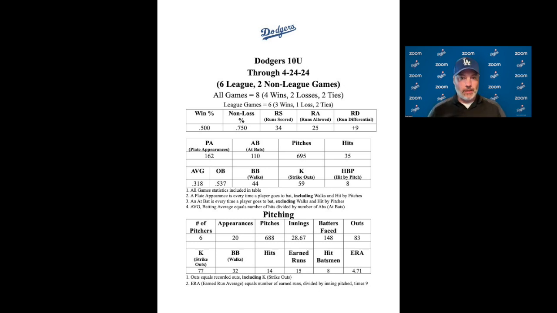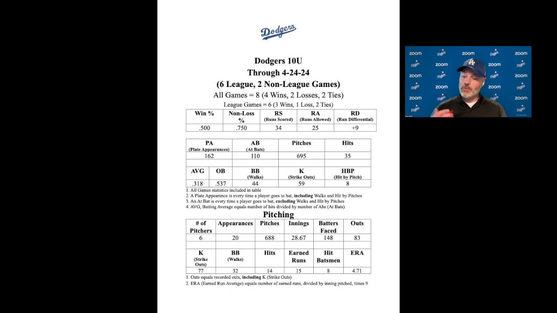A plate appearance is every time a player goes to bat, including outcomes such as walks and hit by pitches. So we have 52 times as a team that we have gone to the plate, we've stepped in the batter's box, and it has not counted as an at bat because either we have been hit by a pitch or we've been walked.